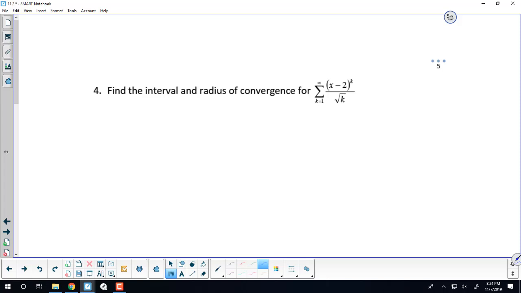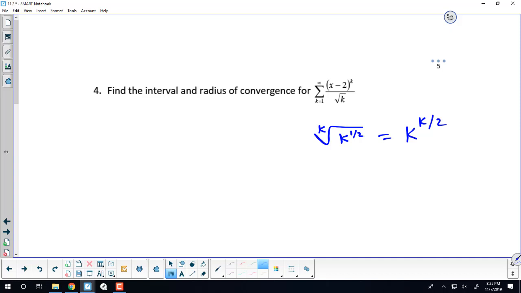So what test do y'all want to use here? The root? The root would be good for the numerator for sure. Do we want to try to mess with the kth root of the square root of k, keeping in mind that k has to go to infinity? I have some weird L'Hopital's rule involved.